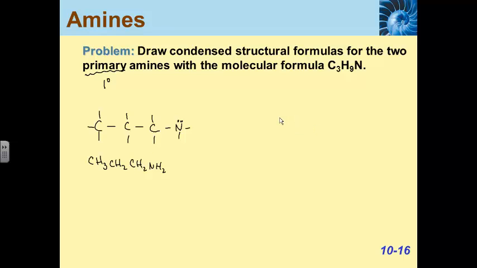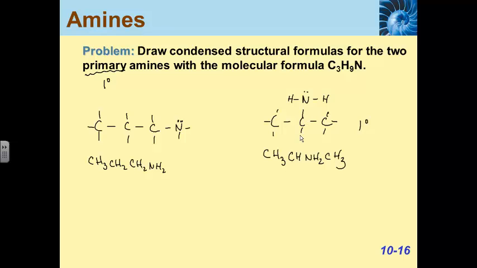Now I can think of a second way, going back to this backbone of 3 carbons in a row. I can also place it up here, and that nitrogen with its functional group for amine, 1, 2, 3, we could write this as CH3, CH, NH2, CH3. And this is also a primary amine because the nitrogen is still just attached to 1 carbon.